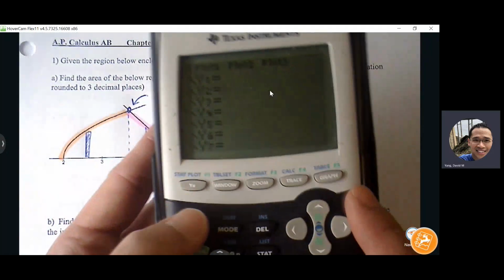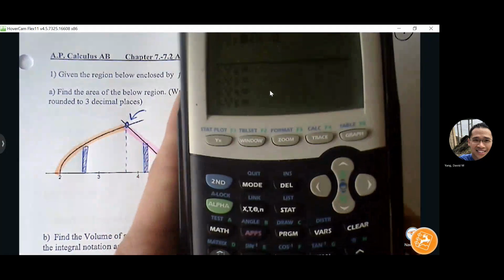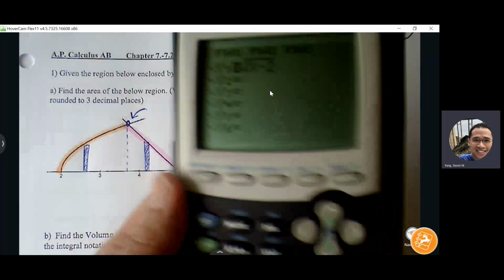I have the square root of x minus 2, and then I also have 5 minus x.